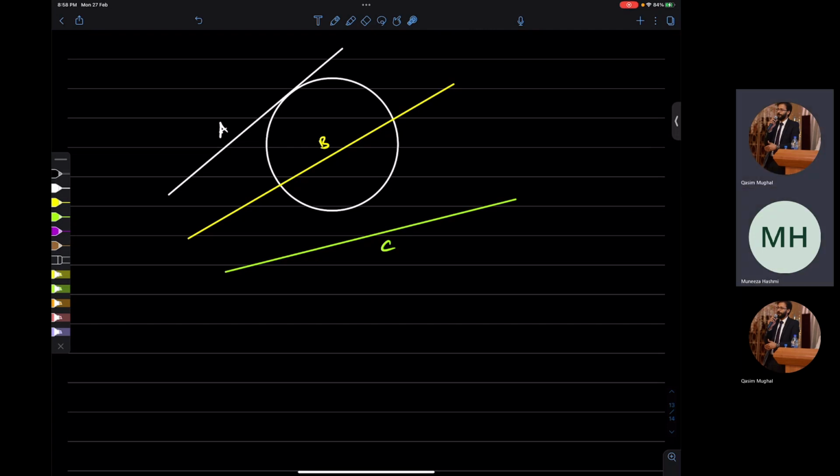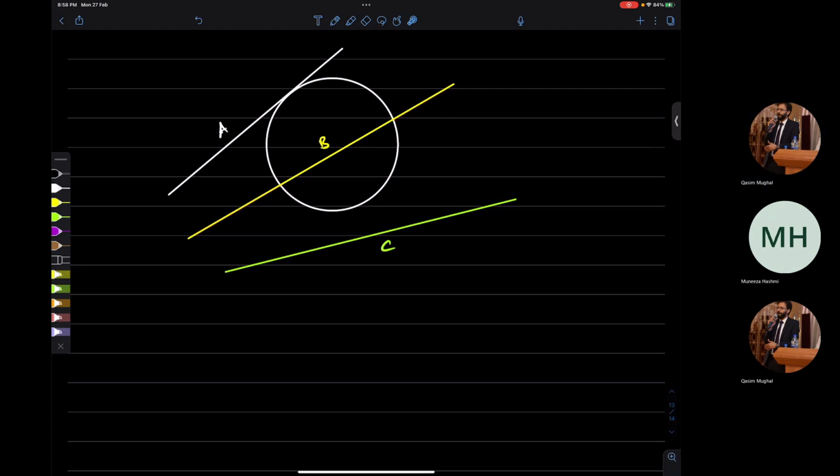Nice. Line B is the chord. No, it's not a chord. A chord starts from the circumference and ends at the circumference. See, it's also outside the circle. And C is just a line. So how would you differentiate it from A?